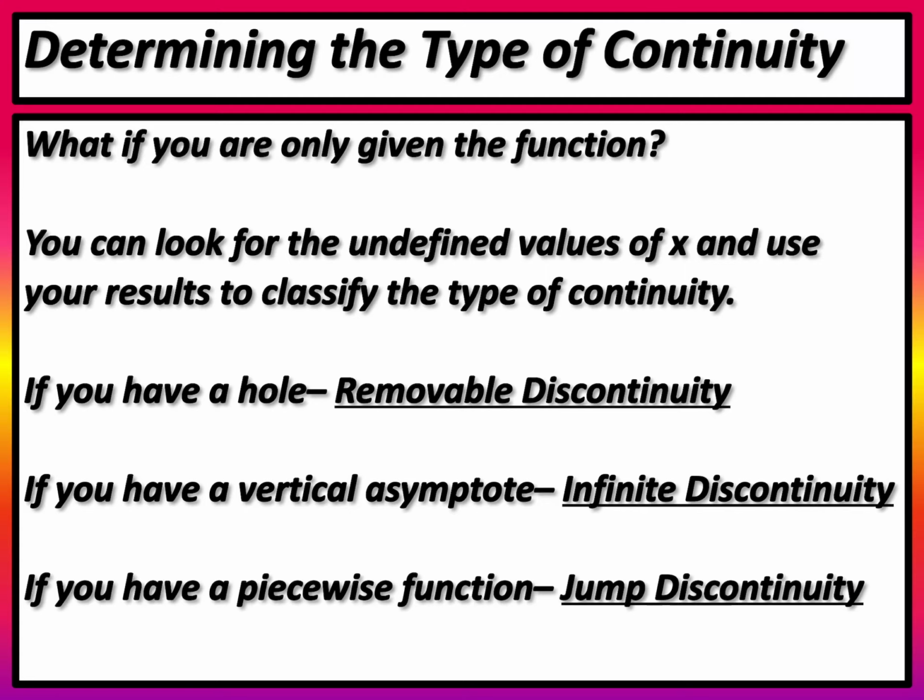And a piecewise function is what's going to cause a jump. Remember, piecewise is separate functions, and when you graph each of those sections on a coordinate plane, the pieces may not overlap, and so you would need a line segment to connect the graph.